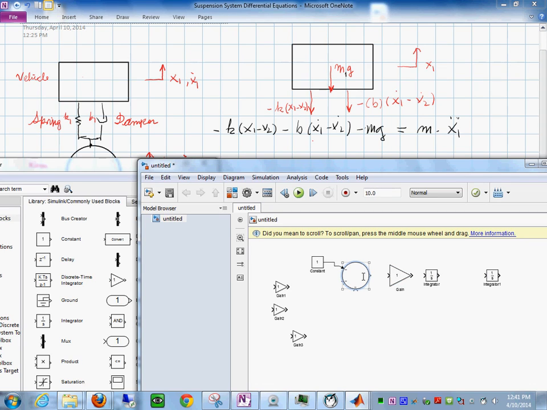If you join two, just click on the first and hold the control key, and it will actually join.